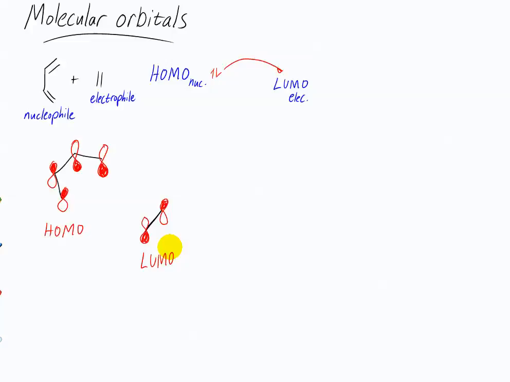So we've got these two orbitals that actually do have the same symmetry. We can say that the HOMO of the diene has the same symmetry as the LUMO of the dienophile, and therefore they can interact. So you can see open, open, closed, closed, or whatever you want to call it, empty, empty, filled, filled, however you want to describe that.